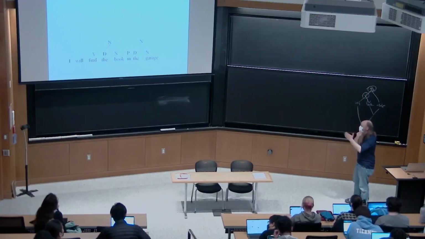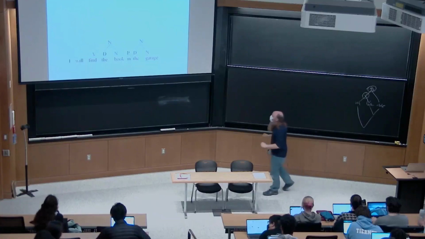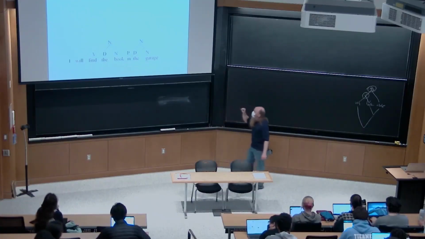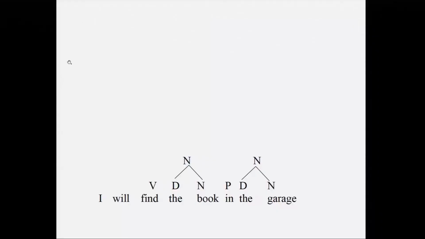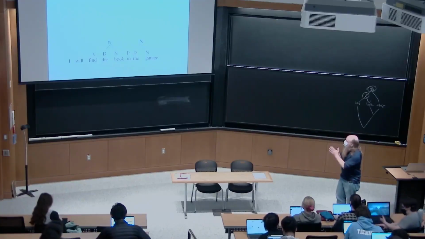In syntax, the label of the result is always going to be the label of one of the two things that you put together. So in this case here, where I merged the and book, or I merged the and garage, I'm going to give the result of that the label n, because we decided that the rules, whatever they are, for determining which things can go where, seem to care about the n.